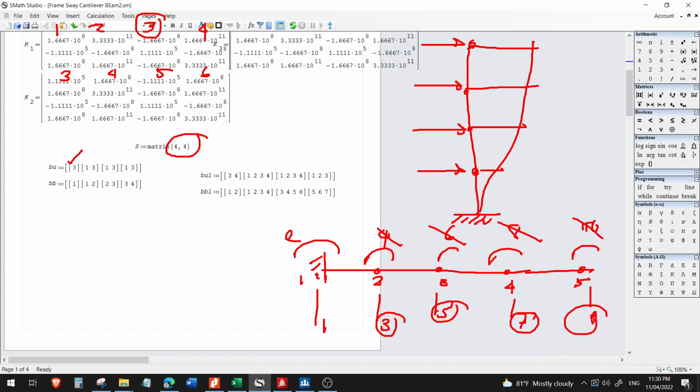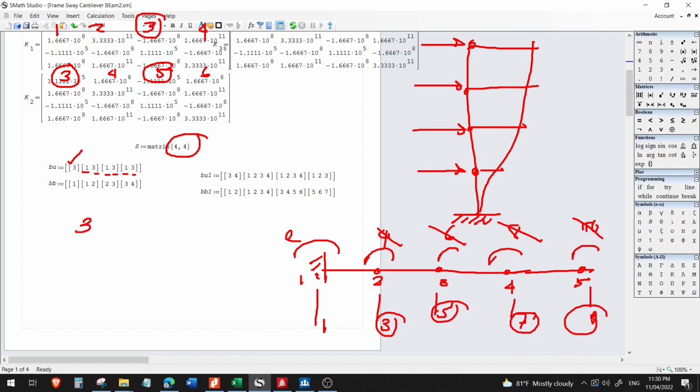So, that's why this is 3. In K2, what is activated is 3 and 5, which is this. So, that's why this is first and third. So on and so forth. The same for the third member and then for the fourth beam, number 4. And then their placement in the S matrix.